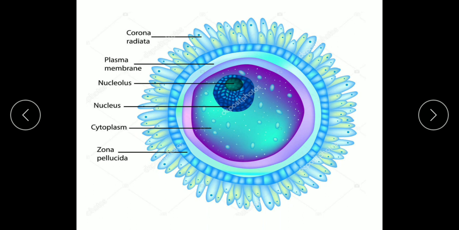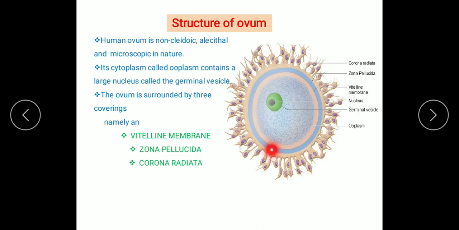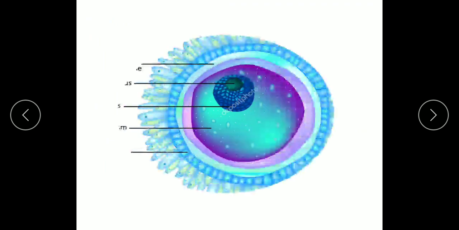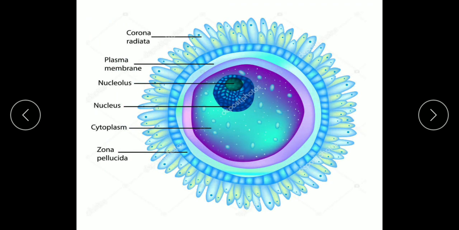The egg cytoplasm is also called ooplasm. The nucleus is also called the germinal vesicle. This is the diagrammatic view of the female gamete or egg cell.